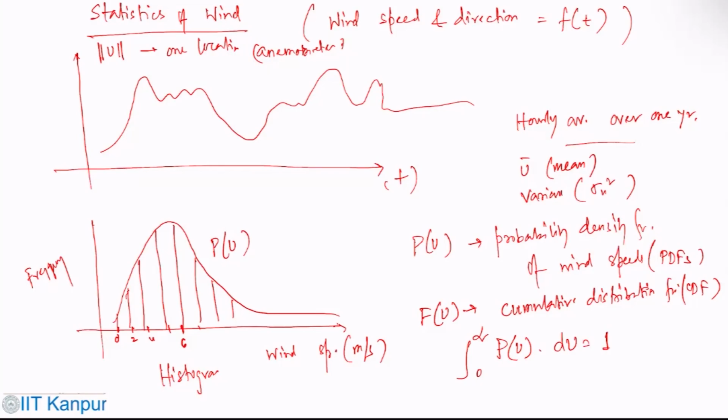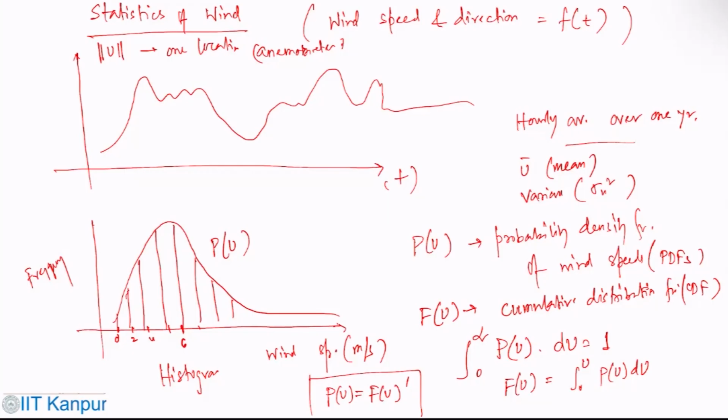And one can write F(u) is the integral from 0 to u of P(u') du'. So that means I can have P(u) is F'(u). So that is the relationship that one can have between this probability density function with the cumulative distribution function.